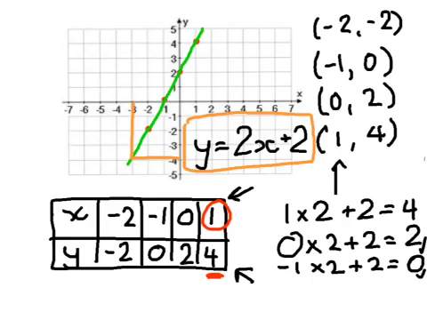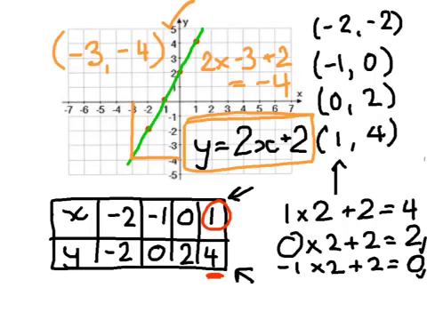It's telling me that the x value would be -3, and the y value would be -4. Okay, let's put that in. So it would be 2 times -3 plus 2, which would equal 2 times -3 is -6 plus 2 is -4. Woohoo! And here's my general rule.